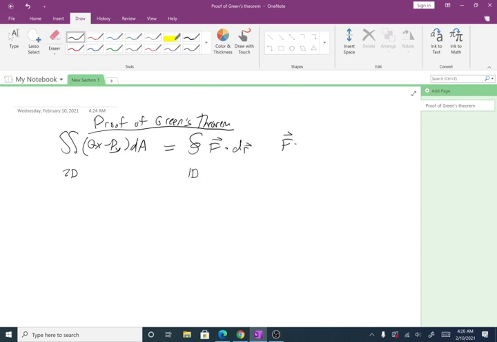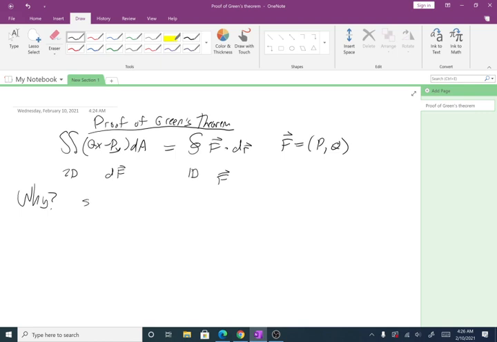And of course, our vector field we called PQ, and so it's saying that the derivative of f is on the left-hand side, and then this is f on the right-hand side. So it's a two-dimensional version of the fundamental theorem of calculus. Now let's just see why it works.